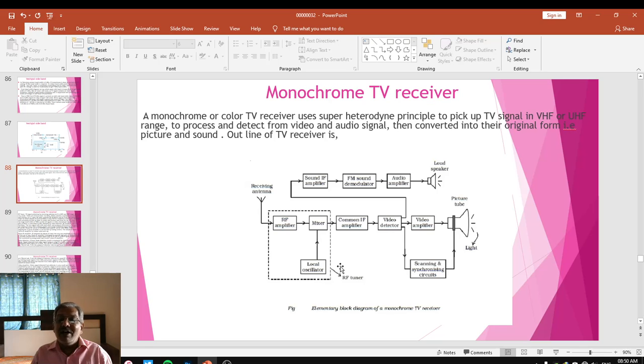The RF tuner, which is part of the monochrome television receiver, is used to tune the receiving antenna to the incoming transmitted signal.